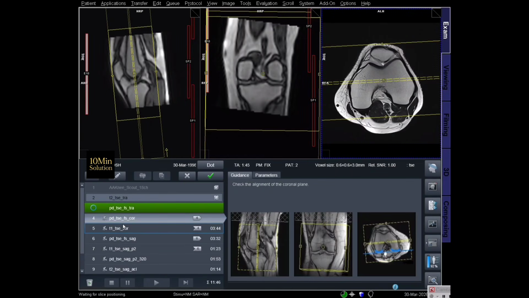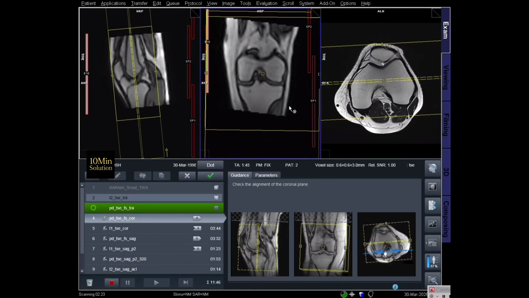Okay, now another planning is coronal planning. So coronal planning will be on the sagittal and axial images.